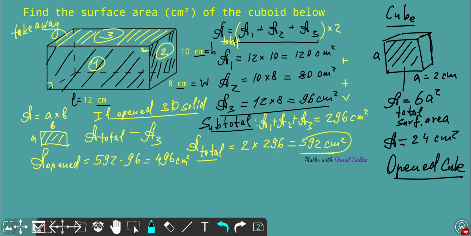For example, you just multiply 5 times A squared. Or you multiply 6A squared, then take away 1A squared, which results in the same area. So that's an open cube. I hope it was pretty easy for you guys, but this is necessary basics before we move to the next level.